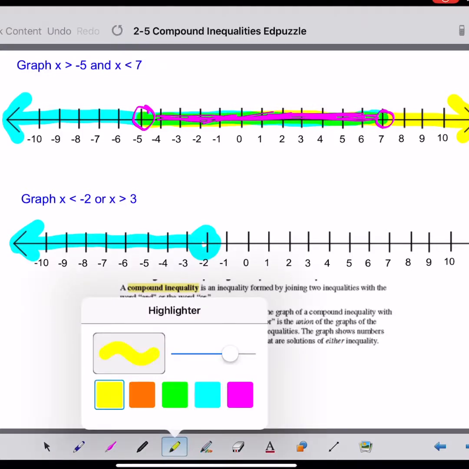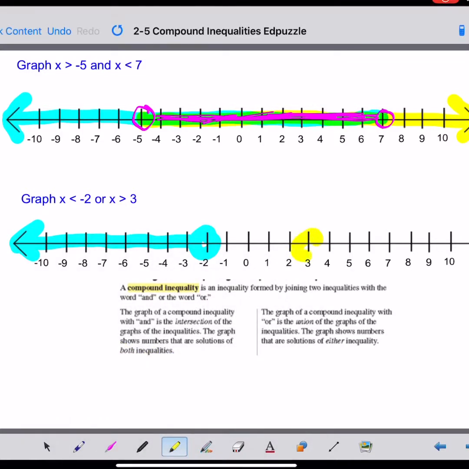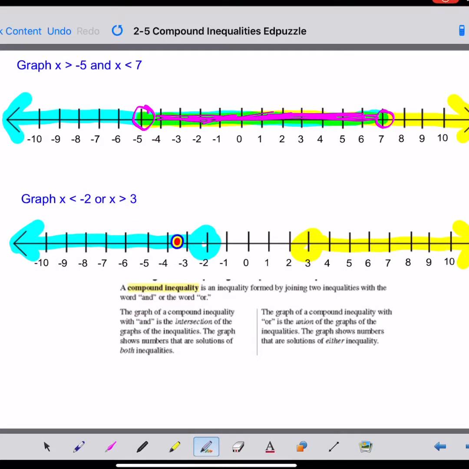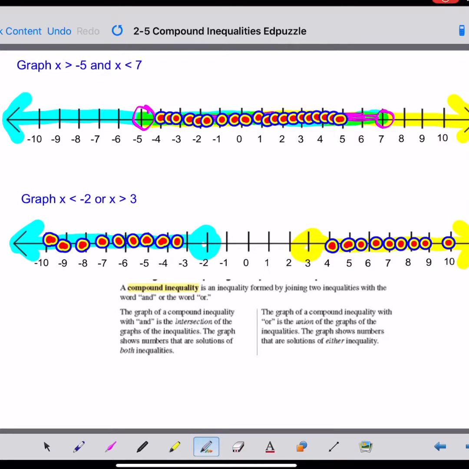If I'm greater than 3, I'm going to the right, graphing all numbers greater than. So the solutions are on either side. This is different with and statements where the solutions have to be true for both inequalities. So an and statement is the intersection.